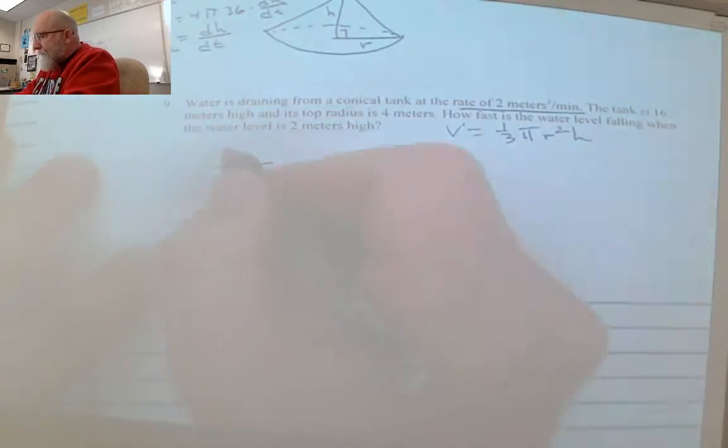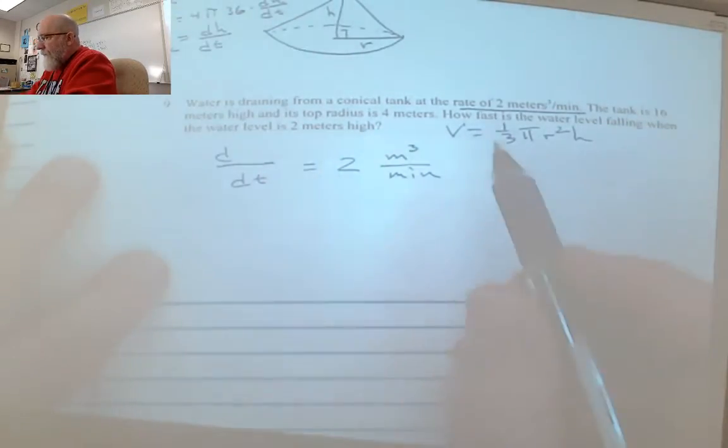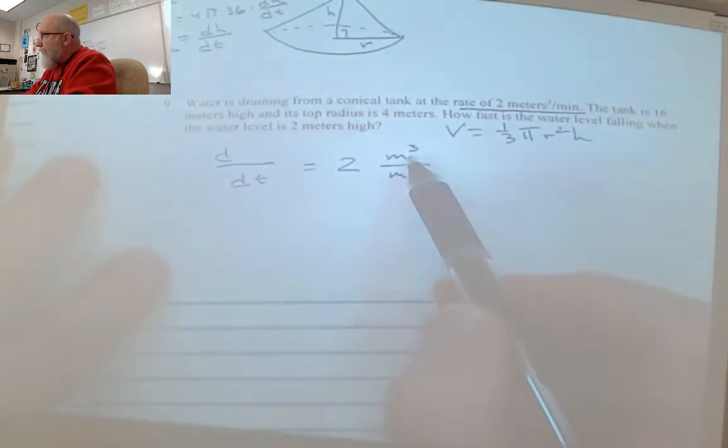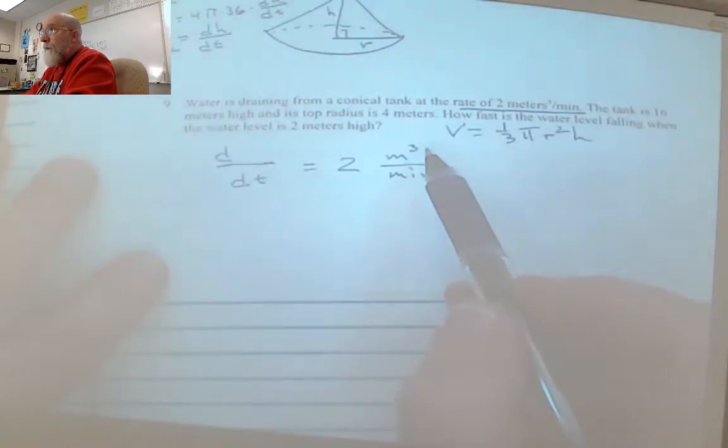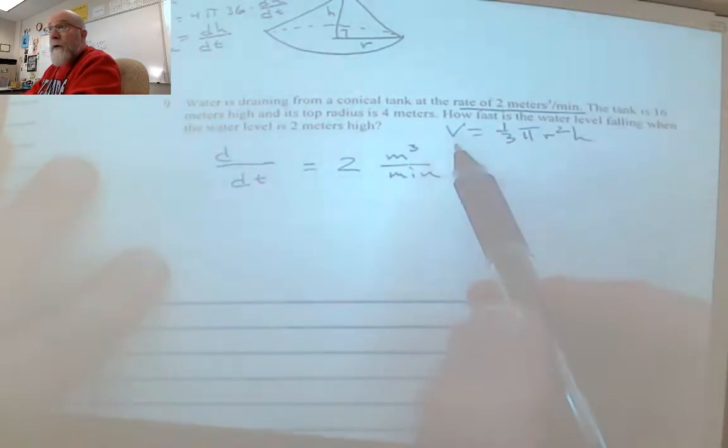D what? Is it dH? Look at your units. Why is it dV? Because it's meters cubed, correct? If it was meters squared, it'd be area. If it was meters, it'd be something else. Would everybody agree with that?